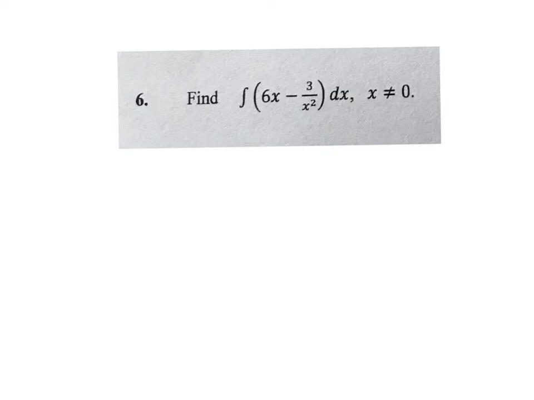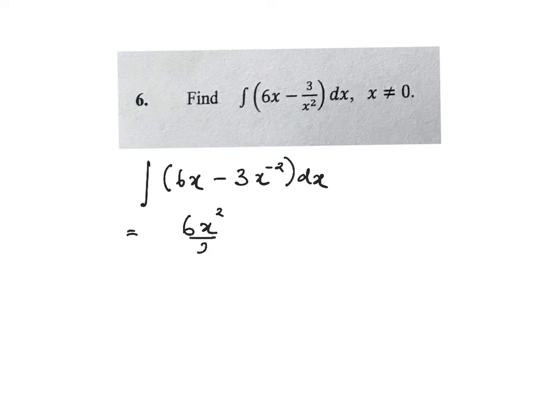Question 6, straightforward integration. What we need to do first of all is to prepare the second term. So I'm going to bring the x squared term up, and it becomes x to the power of minus 2. And integrate, so increase the power by 1, divide by the new power.